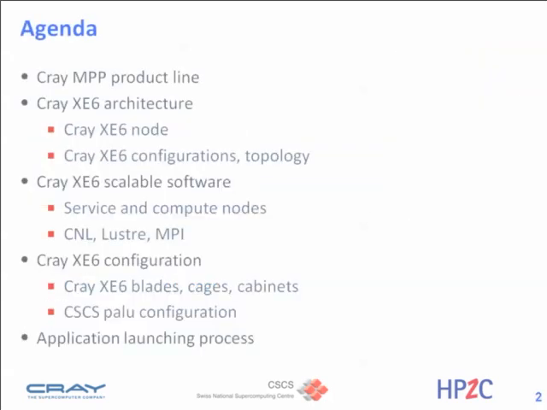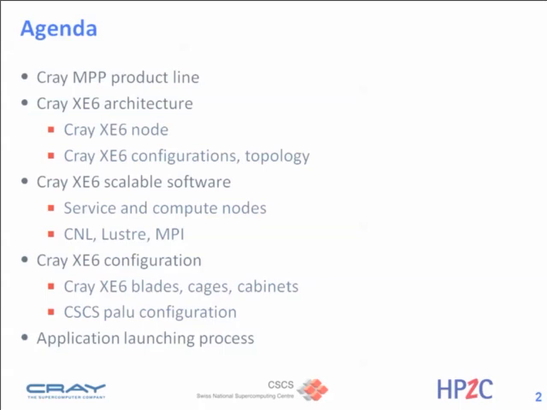I'm going to talk about a specific architecture, the Cray machine that's in the other room here. CSCS hosts multiple Cray MPP machines, and I'm going to focus now on the most recent architecture, the Cray XE6.